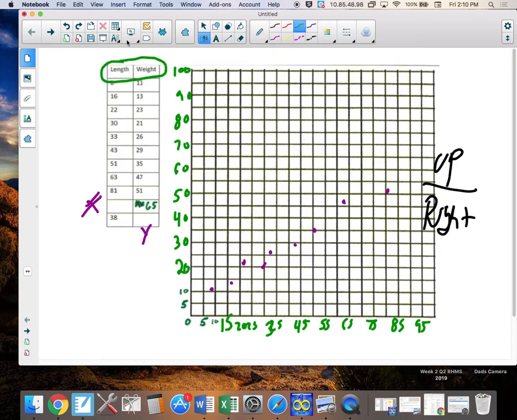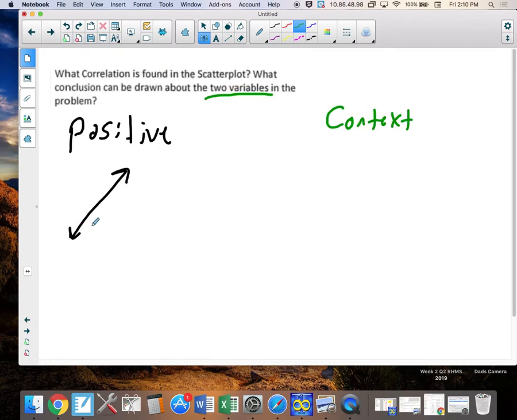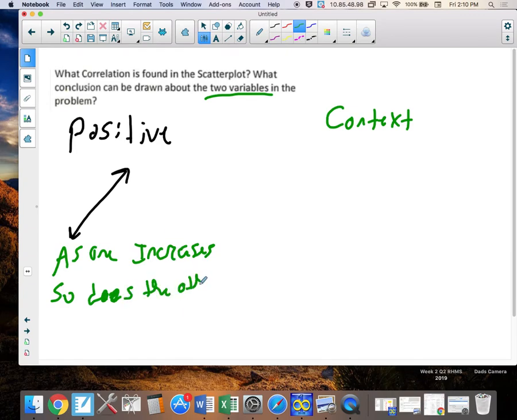Okay, so a positive correlation says that as one increases, so does the other. Well, all we have to do is get more specific to answer our second part of the question. We just have to use the two variables listed.